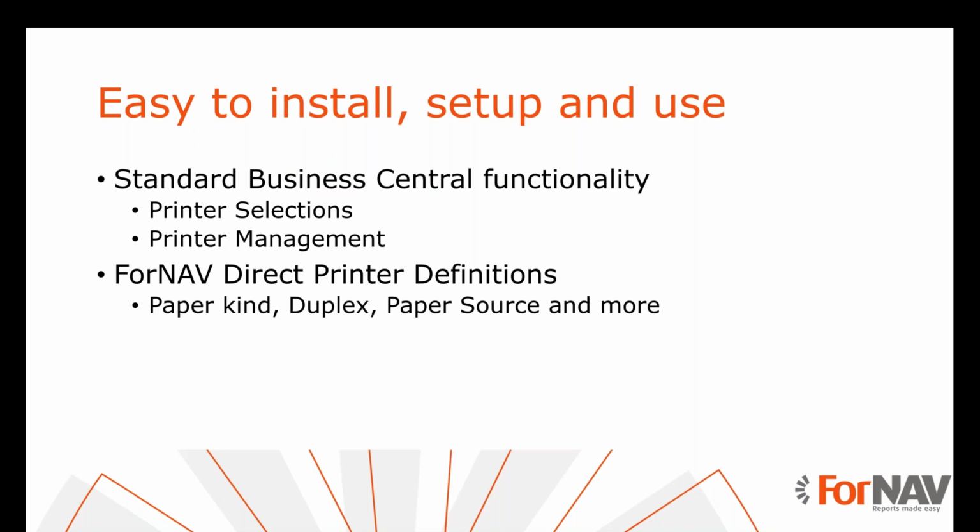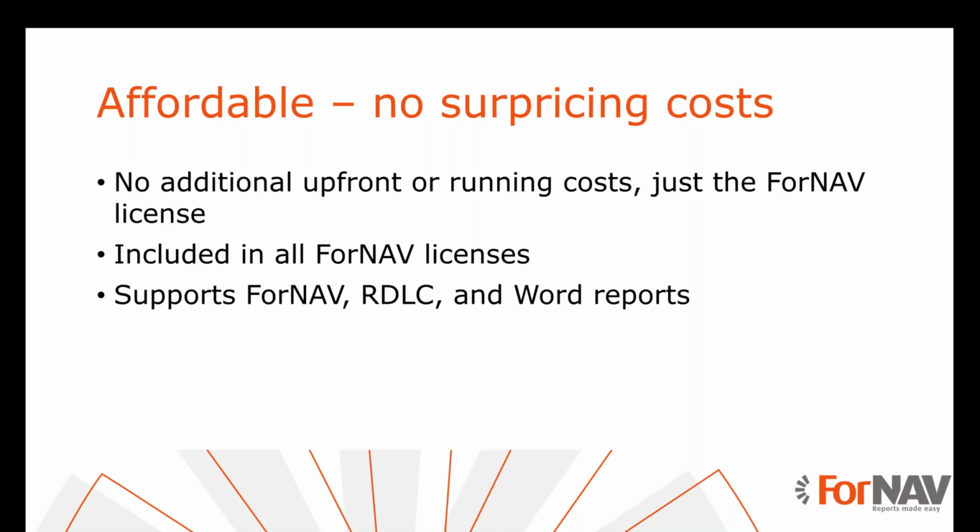And also very importantly, ForNAV Direct Print supports printer attributes like which kind of paper, which paper source, whether you want to do duplex and so on. But it's very easy to install, it's very easy to set it up, and it's very easy to use because we are taking advantage of these standard features that are already in Business Central.